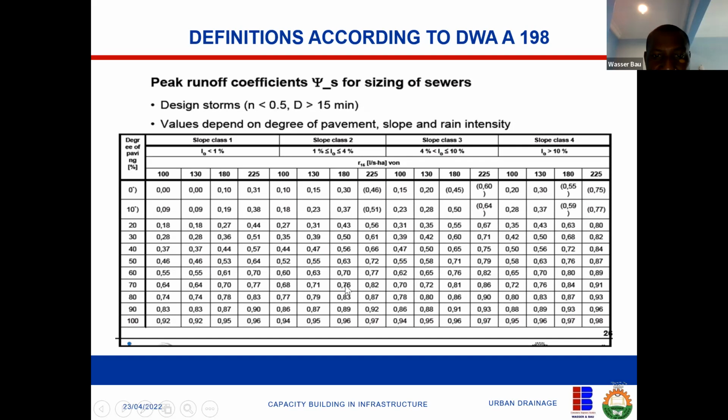But if the place is between 1 and 4 slope, it is no longer 0.64, it will be 0.76. Is that understood? Okay.